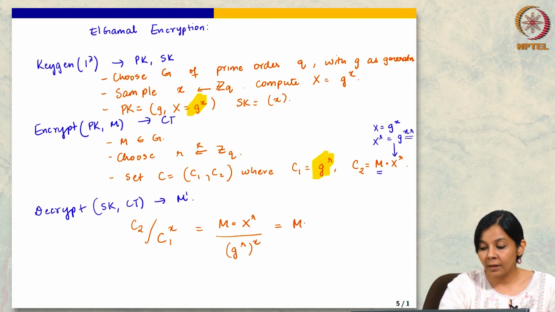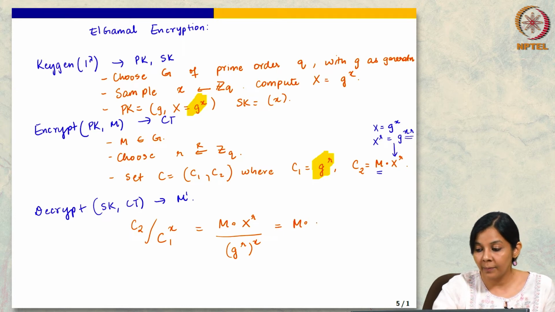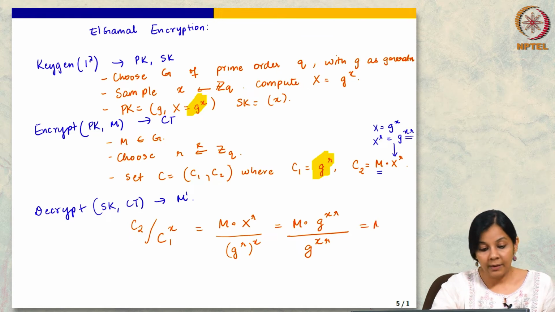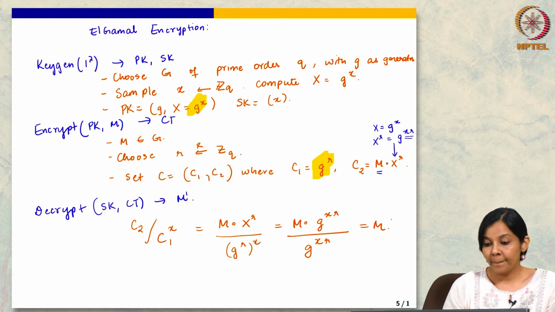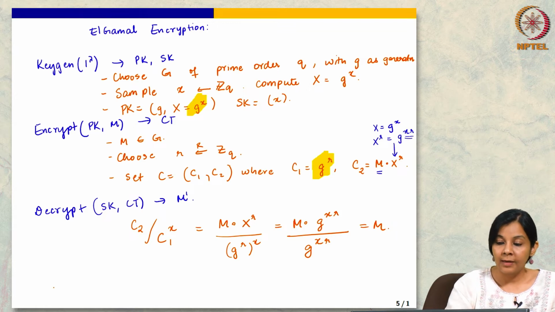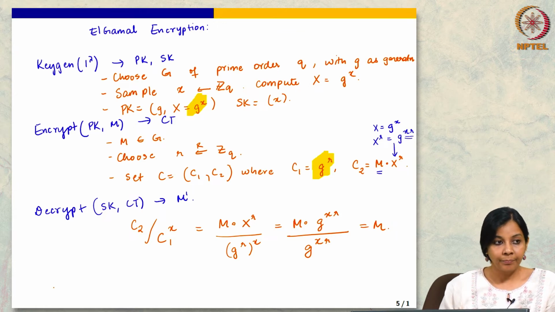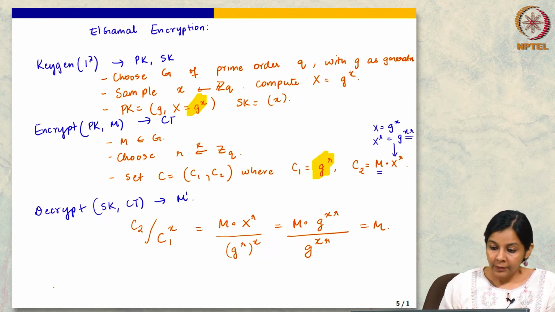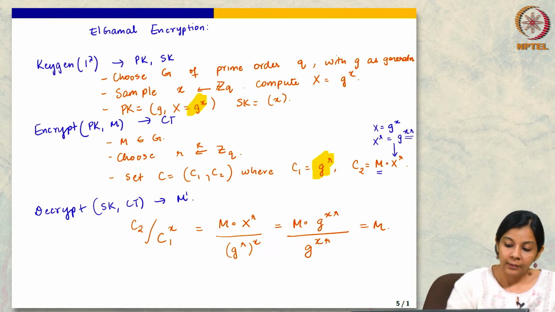So this is nothing but M times g to the xr divided by g to the xr, right. So I just get back M. So the scheme is correct. Okay, so correctness holds.